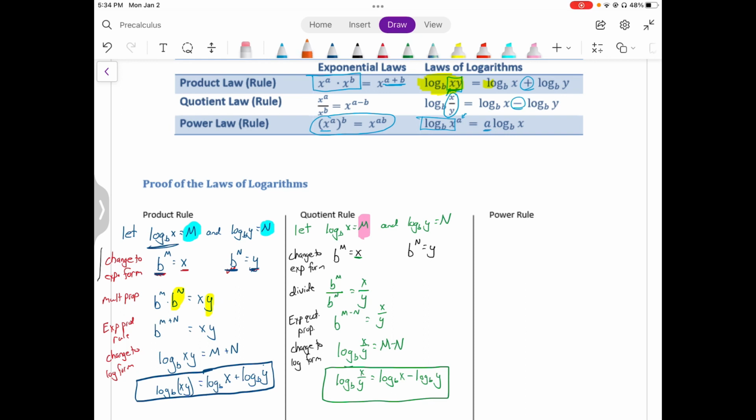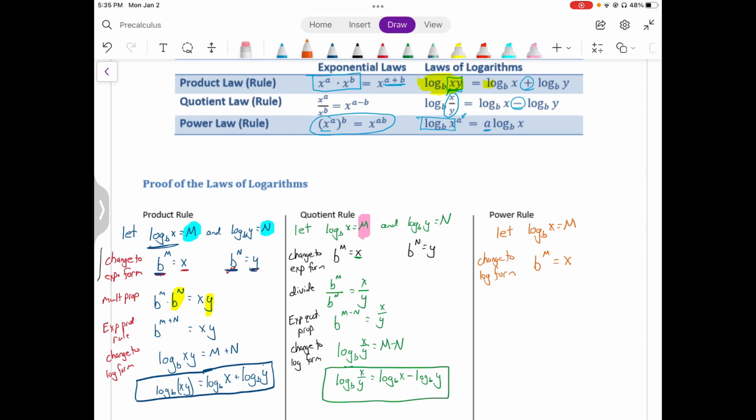For our last one, our power rule, we don't need two things. We're just going to let log base b of x equal m. We're going to change the form, so we're going to change to exponential form, which gives us b to the m equals x.